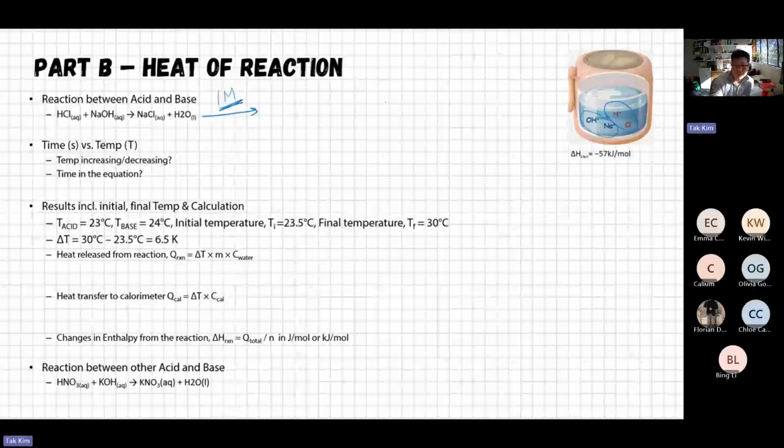From here, because it is a reaction within an aqueous environment, a reaction in solution, I'm going to write the ionic equation.